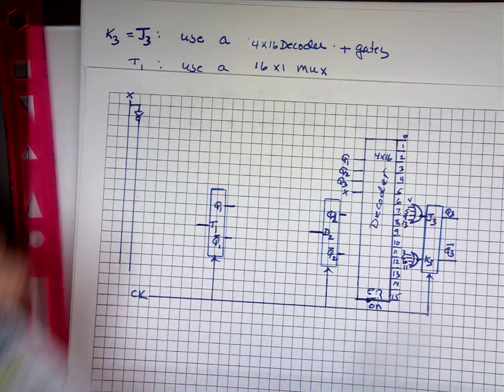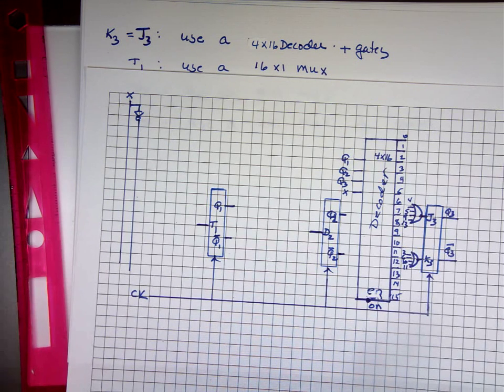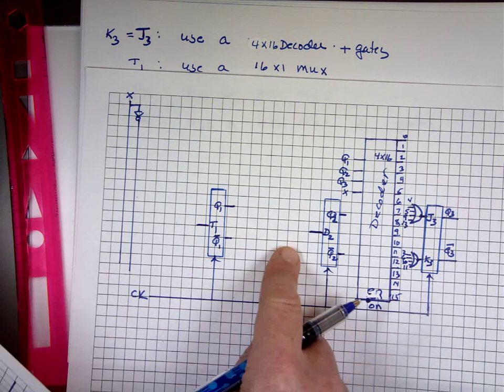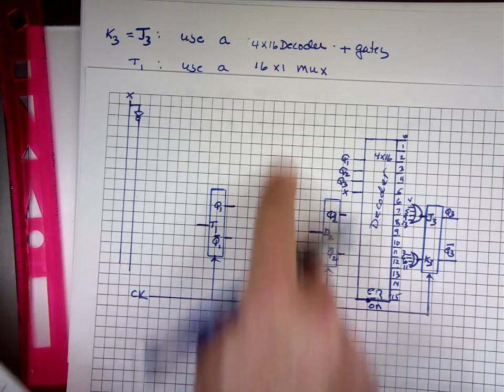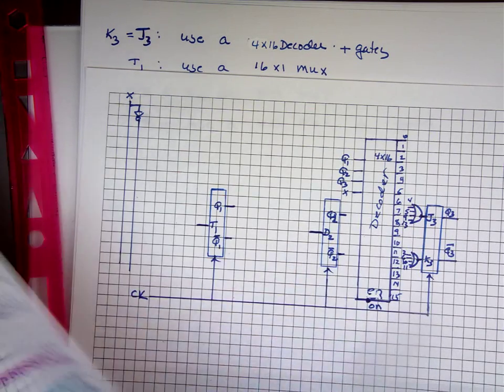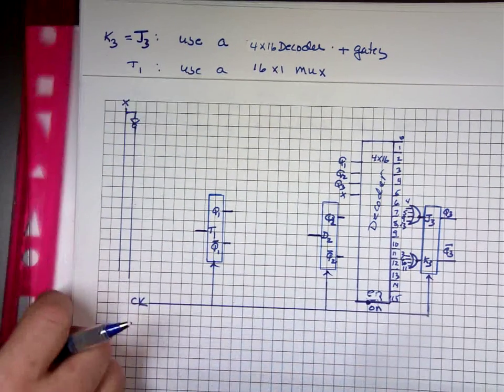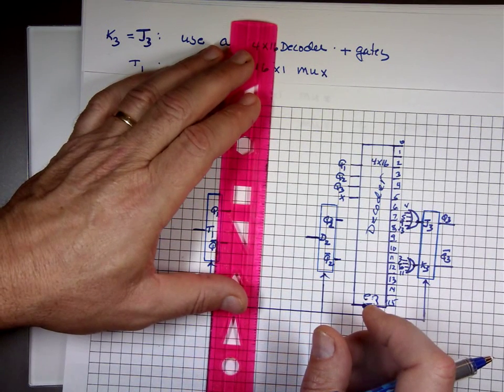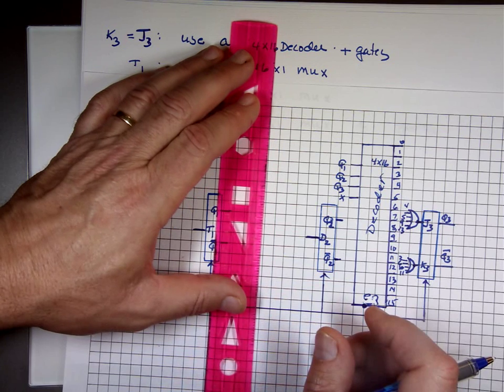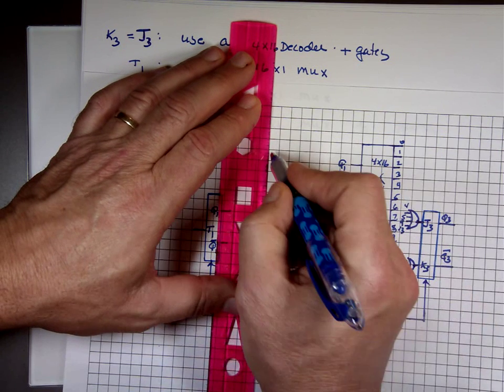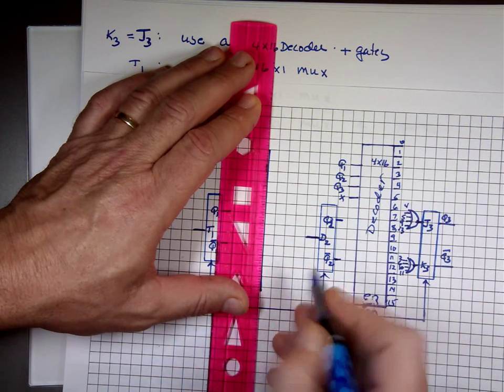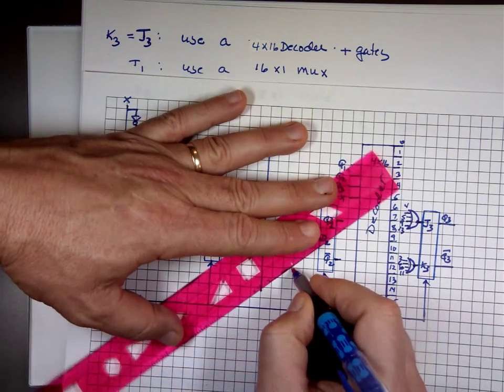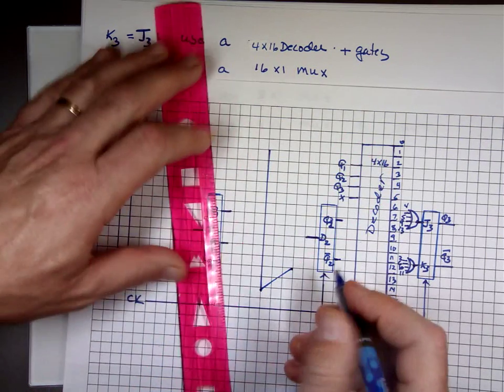Now for this one, I'm going to use a mux. 16 by 1 mux. Again, here we go. 16 by 1 mux. It has 16 inputs, 1 output, 4 control signals. I have to go higher.